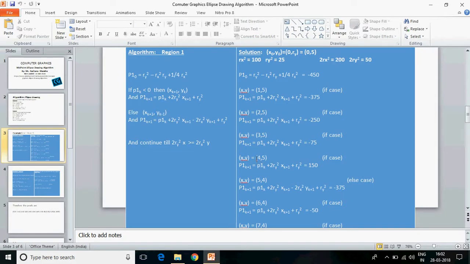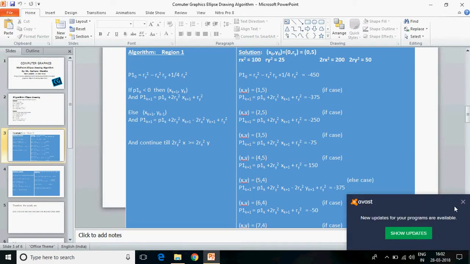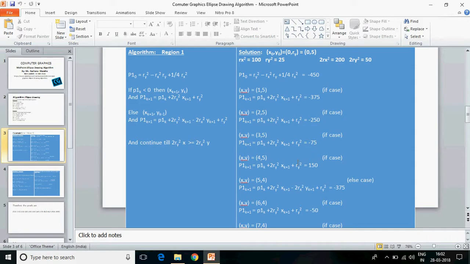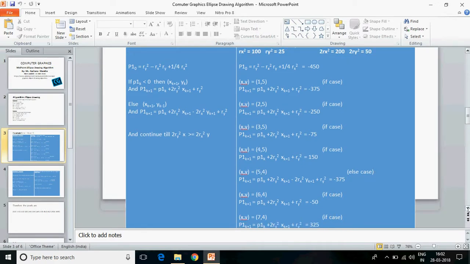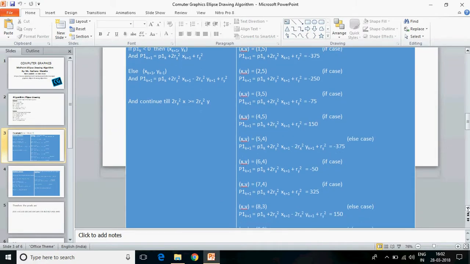So 4 became 5, but y became 5 minus 1, 4. This is the difference in the else case, and the next decision parameter is calculated using this equation, which is giving us minus 375, which is again less than 0, therefore the if case, and we continue like this.